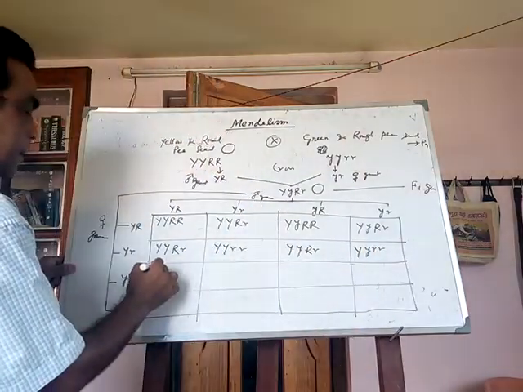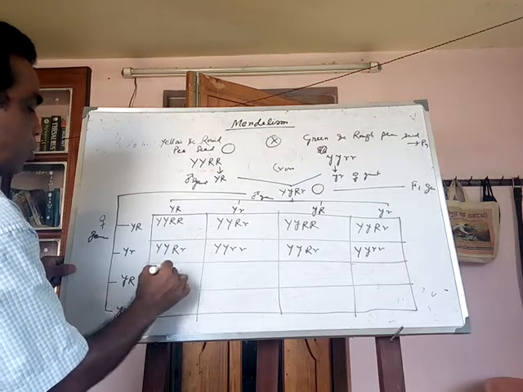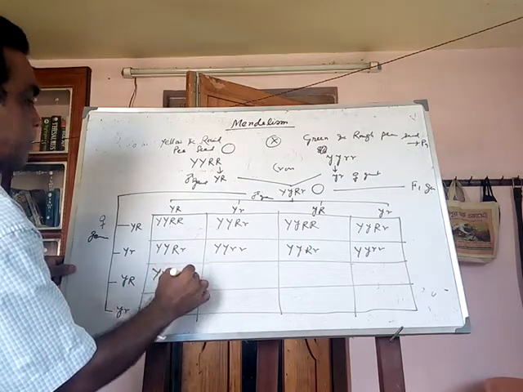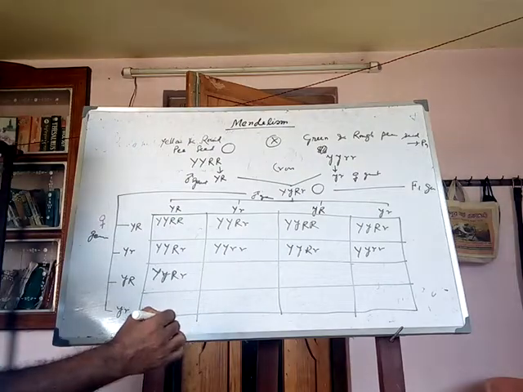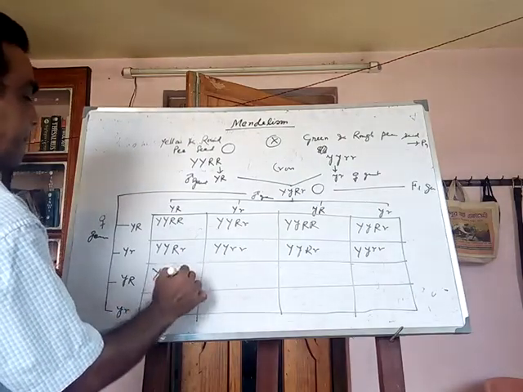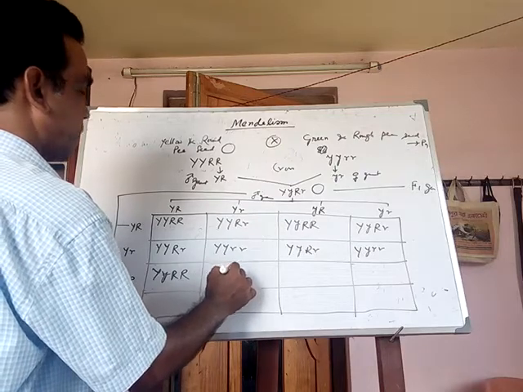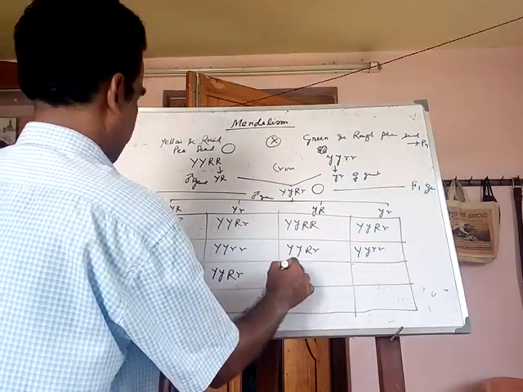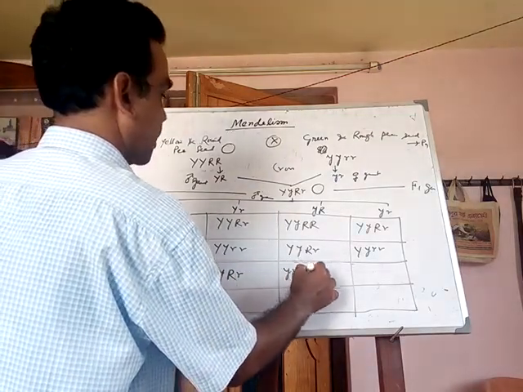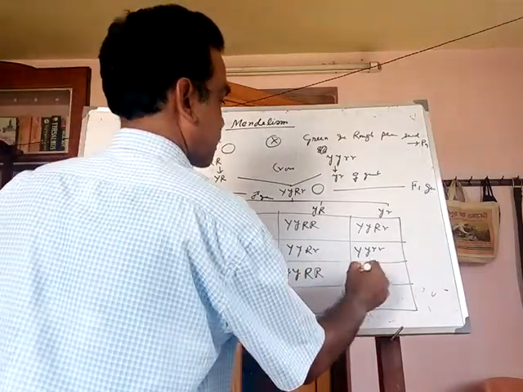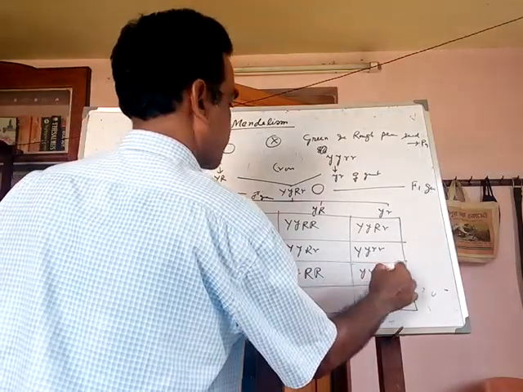That is capital Y small y capital R small r, capital R capital Y small y capital R small r, small y capital R small y capital R small r.